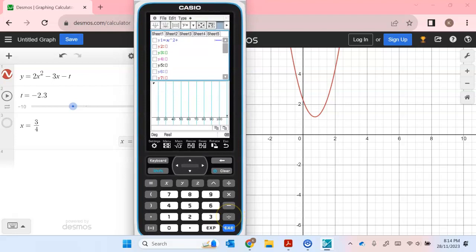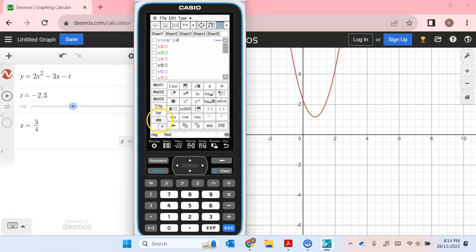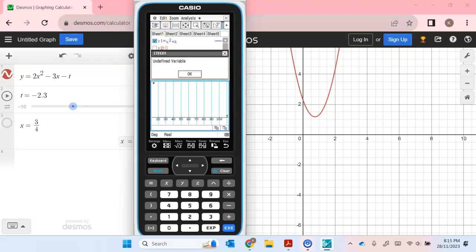To add a slider, we can just go plus, go into your keyboard, and add any letter, obviously not x, y or z. So I'm going to do k. So plus k, and tick it because we want it. Usually my calculator doesn't like being flipped on my computer. See how we got that error message?